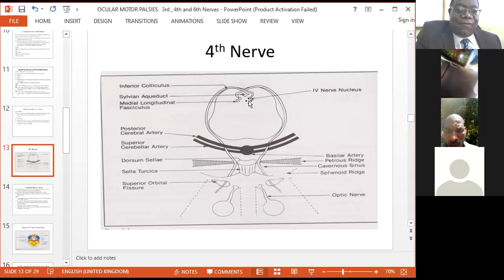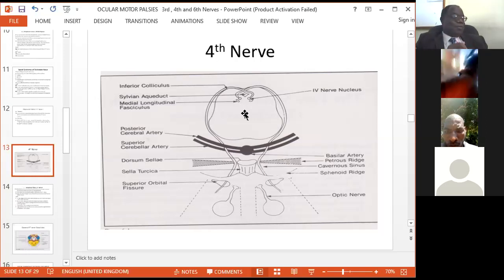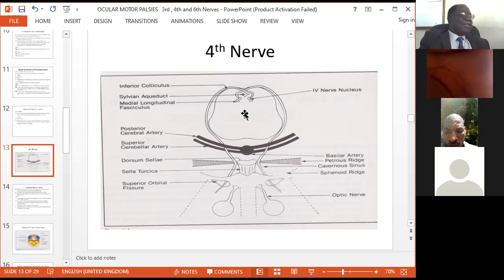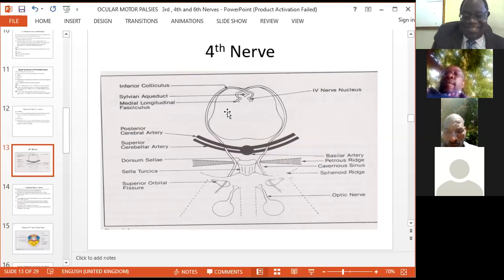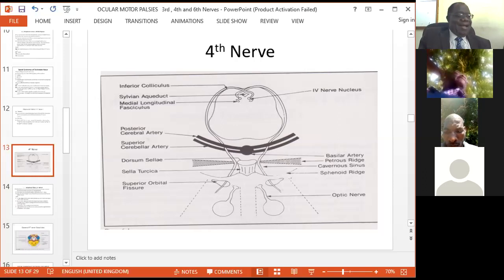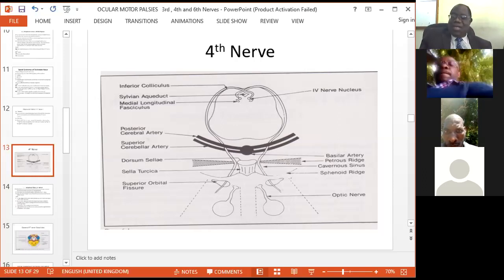For this nerve to be affected, it's the other side. So this concept must be very, very clear. It's the fourth nerve. From this, at what level? That's what the examiner is interested in. We don't want too many details; we want answers.